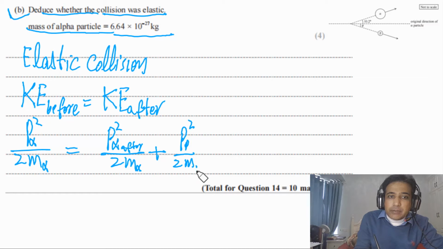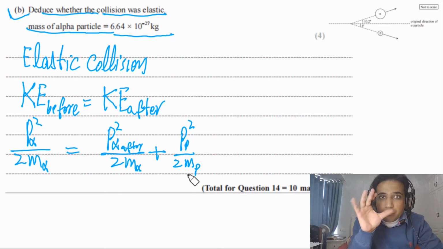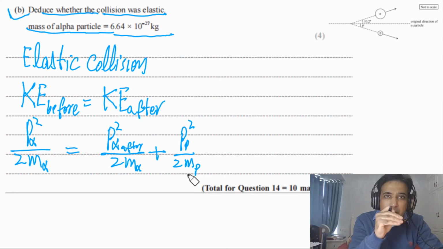This is the mass of alpha, this is the mass of proton. Now we have the masses of the alpha particle and proton, and also the momenta. So simply we need to plug in values.